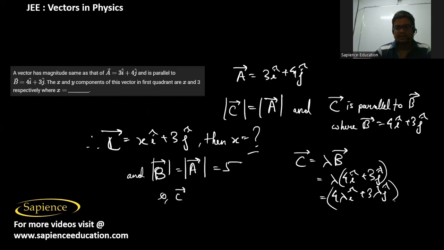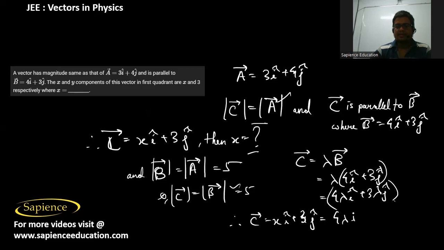Since it is told that the magnitude of c is the same as the magnitude of a, the magnitude of c is also equal to 5. So now c vector, x i cap plus 3 j cap, should be equal to 4 lambda i cap plus 3 lambda j cap. Therefore I can say lambda will be equal to 1, and so x will also be equal to 4.